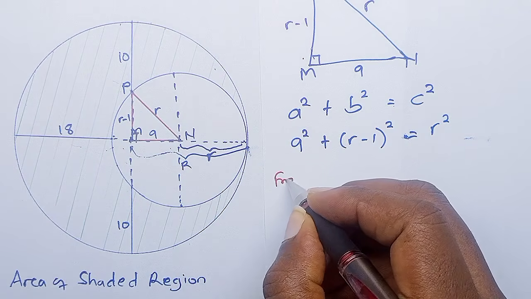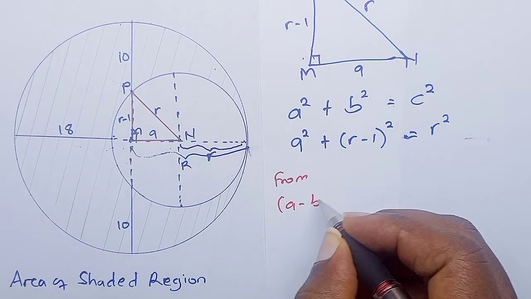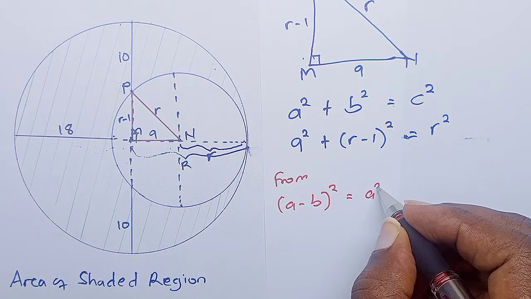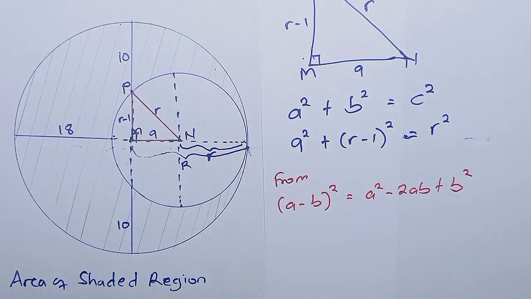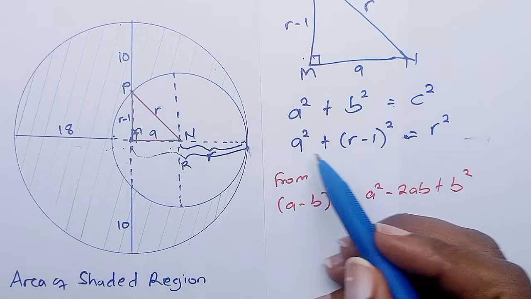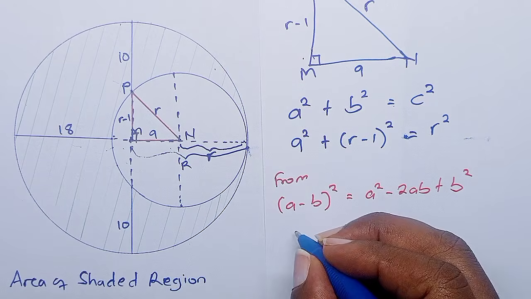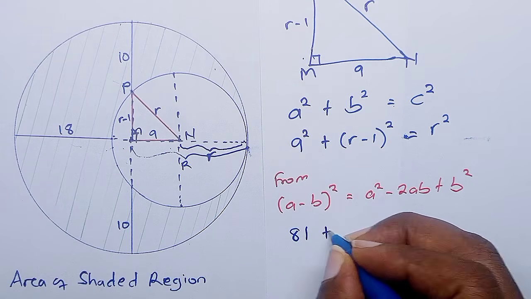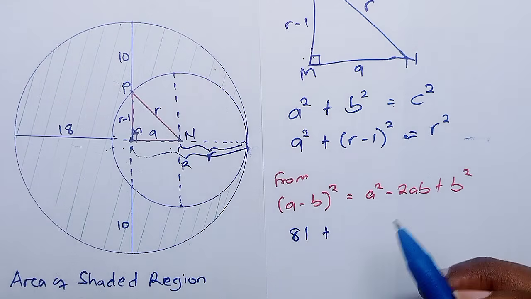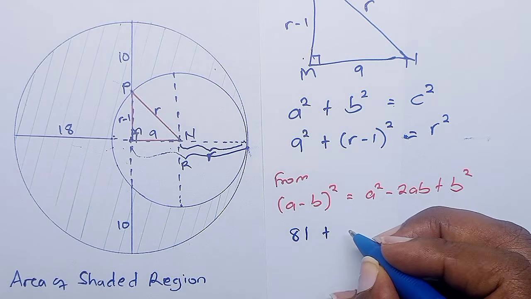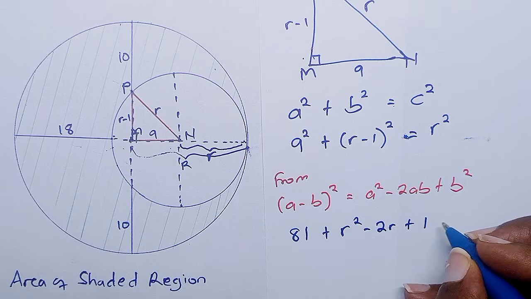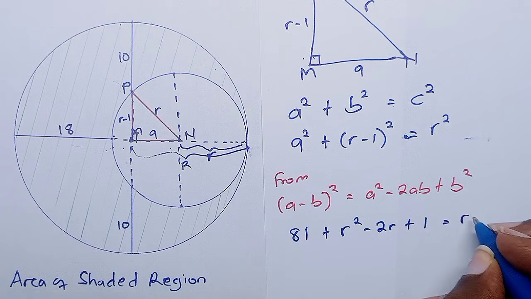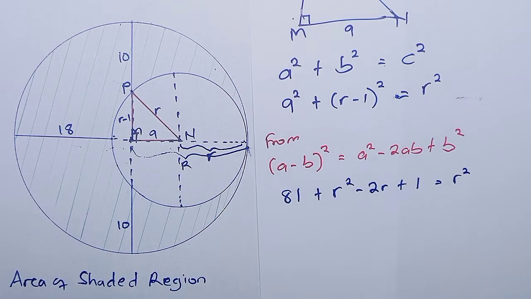Now from A minus B squared being equals to A squared minus 2AB plus B squared, this here will become 9 squared is 81. So plus, when you expand this in this form, this will become R squared minus 2R plus 1. So this is equals to R squared.